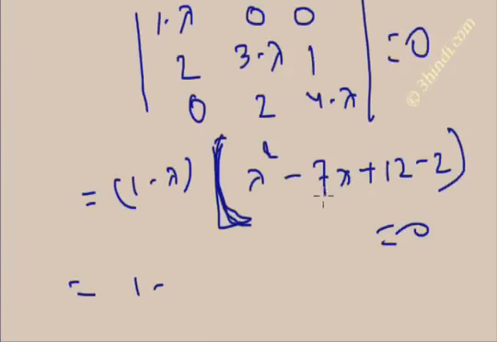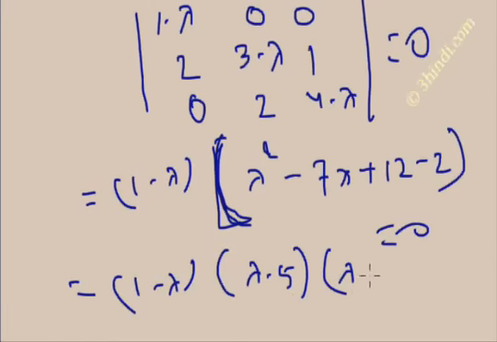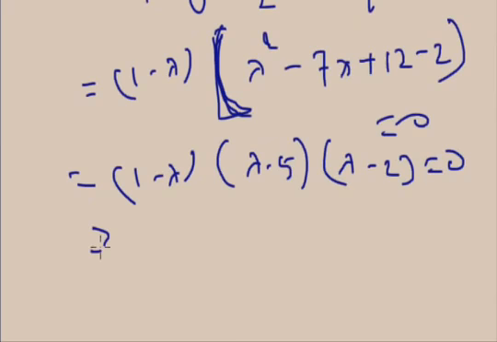So you can write minus 7 as minus 5 minus 2. So ultimately it will come as lambda minus 5 and lambda minus 2 equal to 0. This means lambda is equal to 1, 5, 2. So 1, 5, 2 are the eigenvalues.